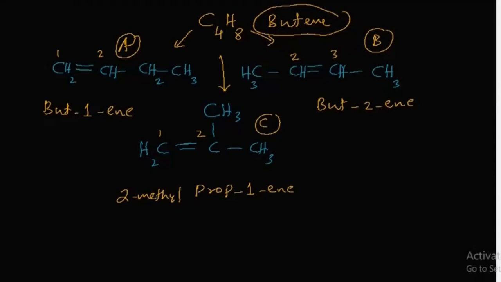But if we compare B and C, I have changed the position as well as the length of the carbon chain. So this is the important point, that if you change either the position of the functional group, a double bond is also a functional group, or if you change the length of the carbon chain, you will find another structure or another isomer of that molecule.